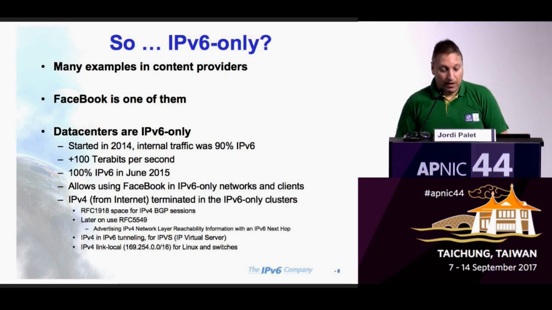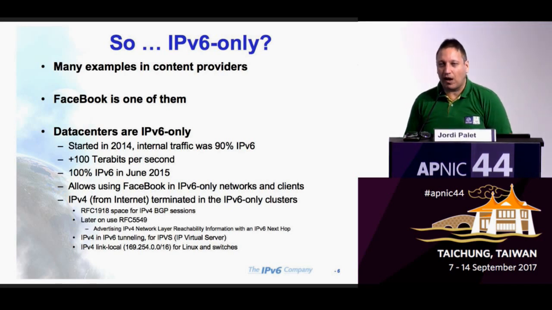That's fine. The way Facebook is doing it, I am not going to enter into the details, you have them on the slide, but the way Facebook supports IPv4 users, which still don't have IPv6 connectivity, is by showing, on the outside of the data centers through BGP, both IPv4 and IPv6.